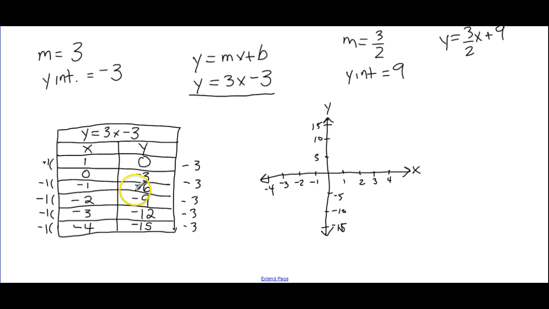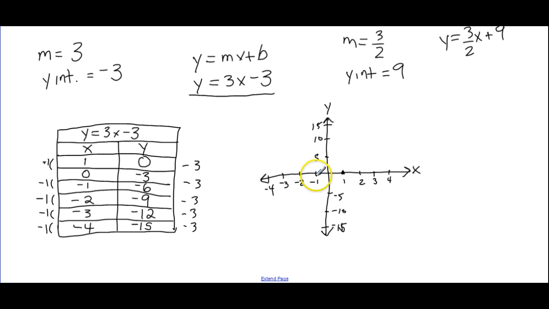Okay, so now all I want to do is plot these coordinates here. So when x is 1, y is 0. So it's going to be x is 1, y is 0, right there.